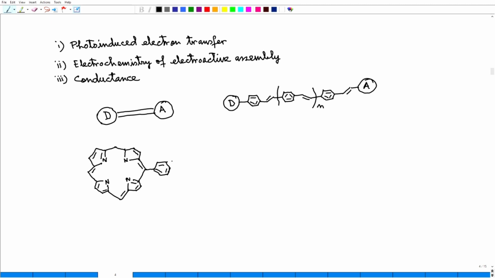This I made electroactive, not photoinduced. Zinc is bound inside the porphyrin ring.